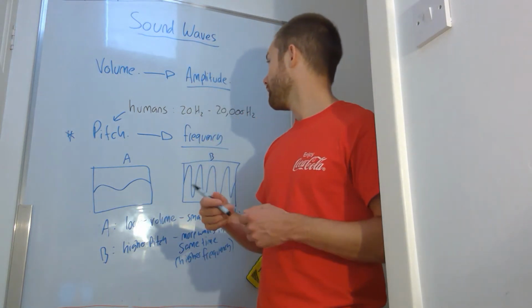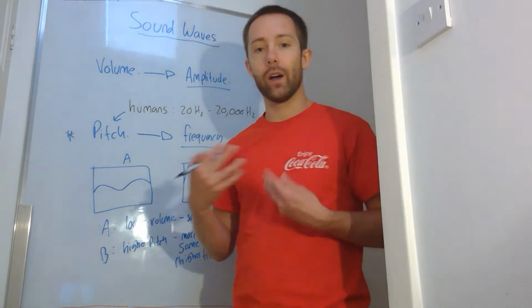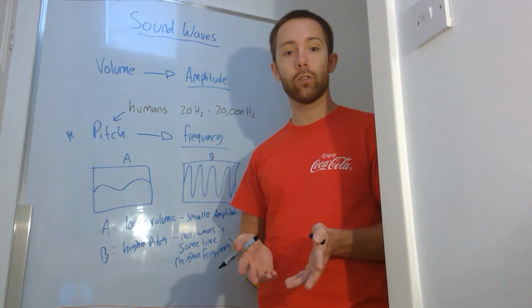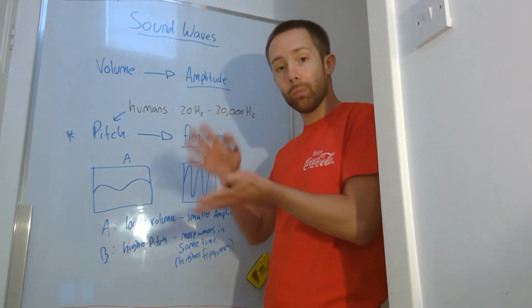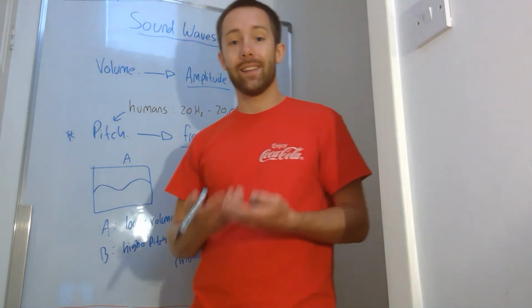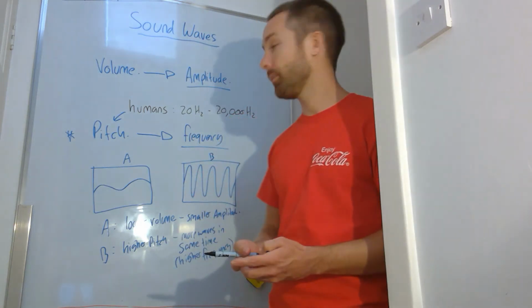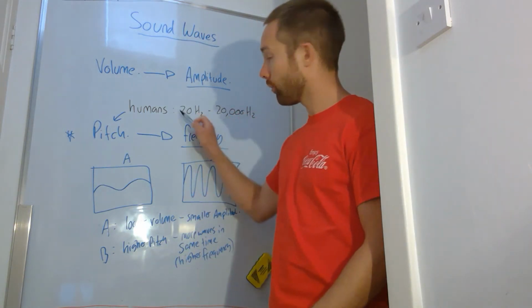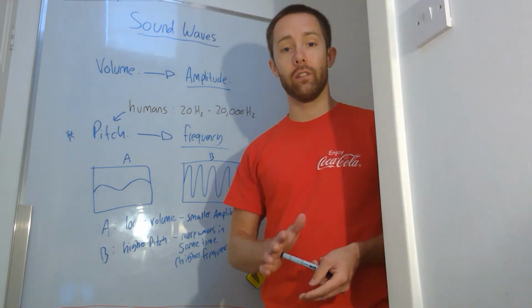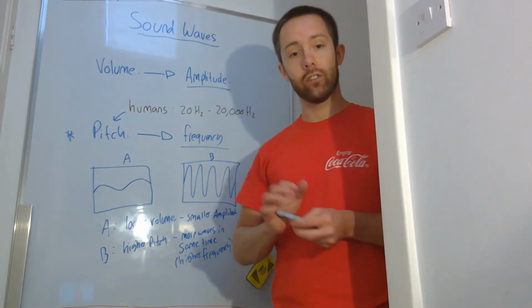For me, for example, my top end is probably now about 16 or 17,000, something along those lines. The older you get, the less able you are to hear high pitched sounds. But in general, this is the range of human hearing that we are generally asked to consider.